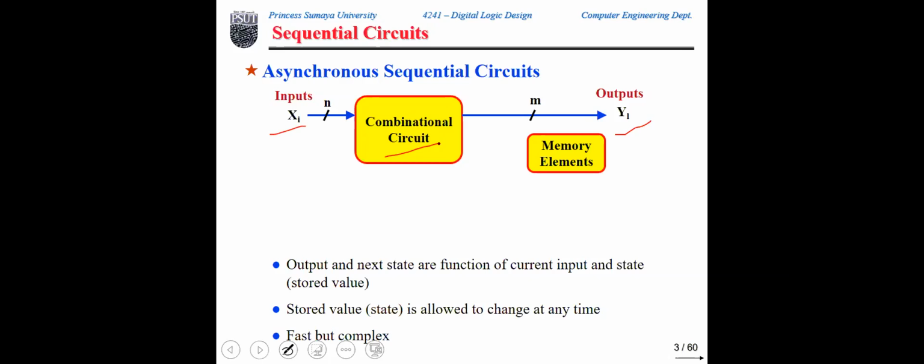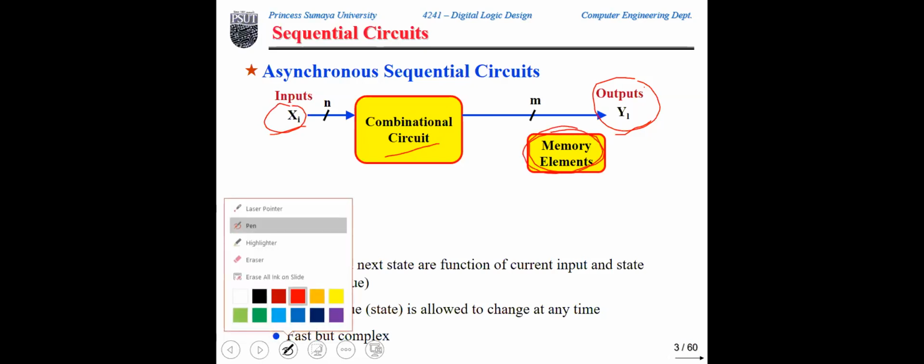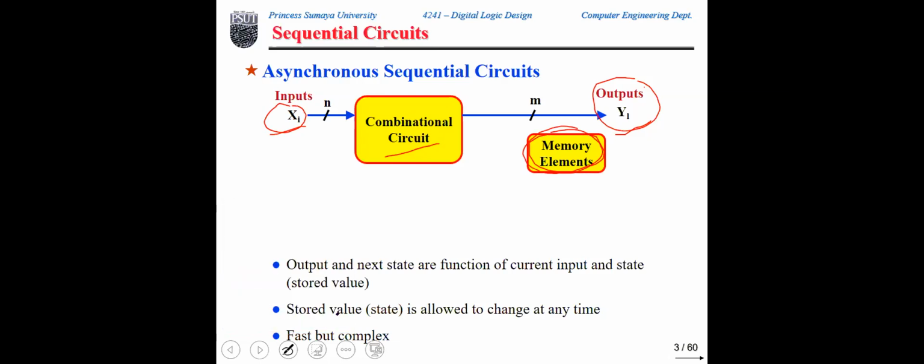So now, based on the value that is stored in this memory, any of the outputs, regardless of the number of the outputs, is dependent or is calculated based on the current input value and the value that is stored in this memory.